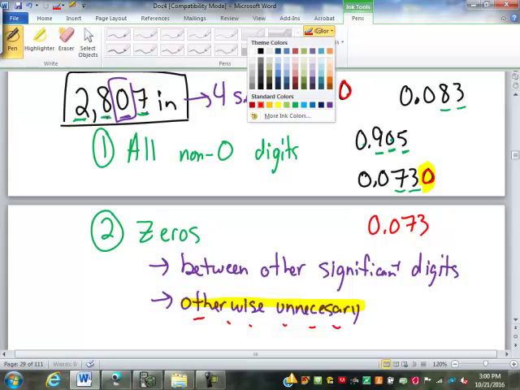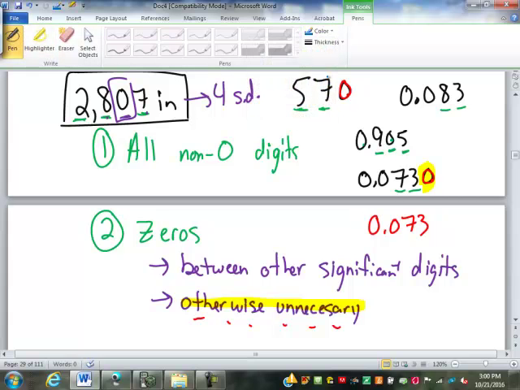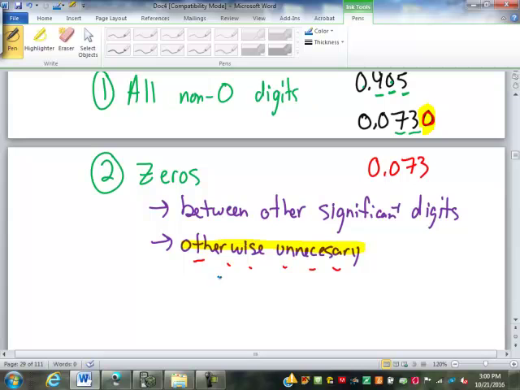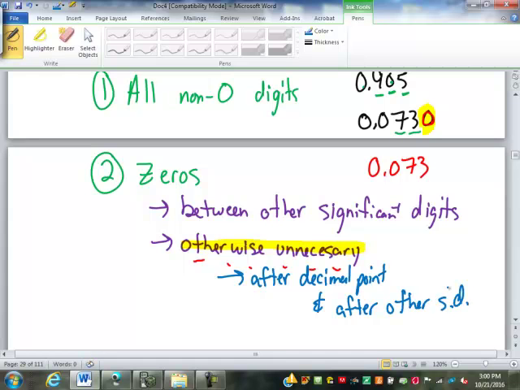So otherwise unnecessary is basically saying after the decimal and after other significant digits. So that 0 is significant because it's after the decimal point and it's after other significant digits.